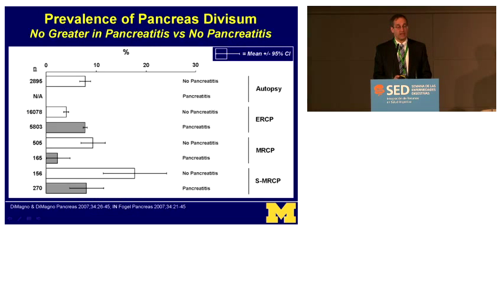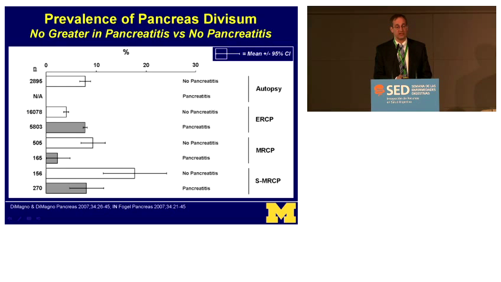This bar graph shows the prevalence of pancreas divisum in 95% confidence intervals for each of the 4 study types shown on the right. For each of these groups, we show the no pancreatitis and pancreatitis groups. In the autopsy studies on the top, the mean prevalence is 8% for pancreas divisum.